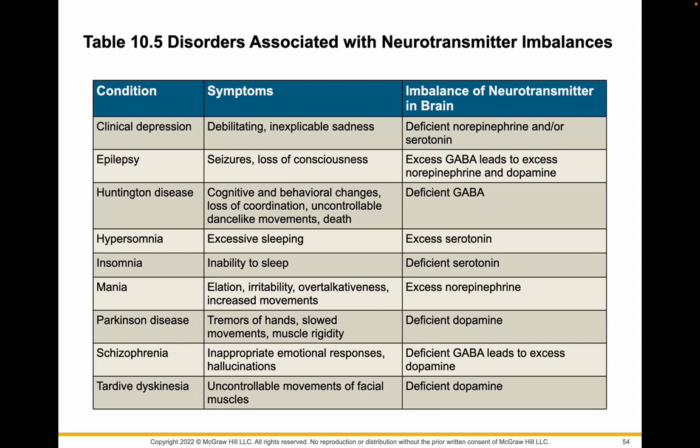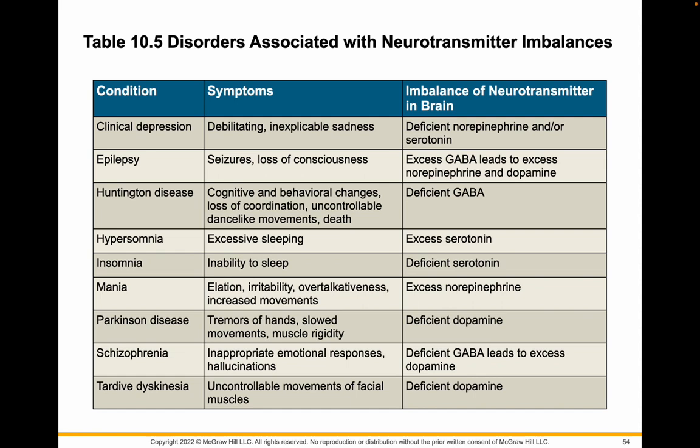There are so many disorders associated with imbalances of neurotransmitters. Depression and epilepsy. Oh, Huntington's disease is so sad. Hypersomnia, insomnia. I don't have enough serotonin, and so my doctor tried to give me something to help with that.